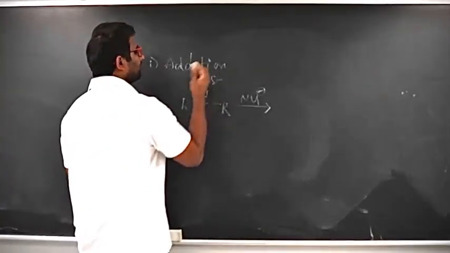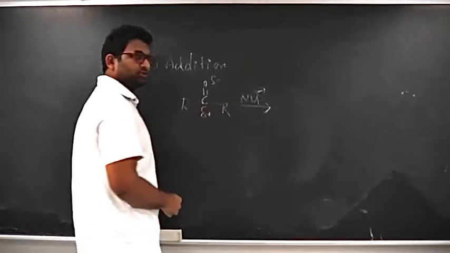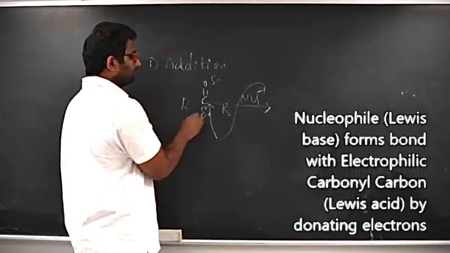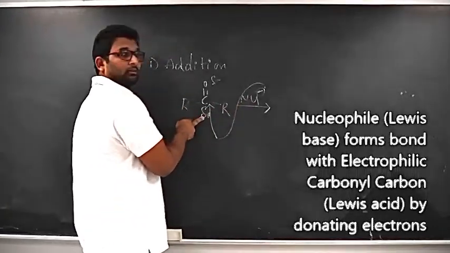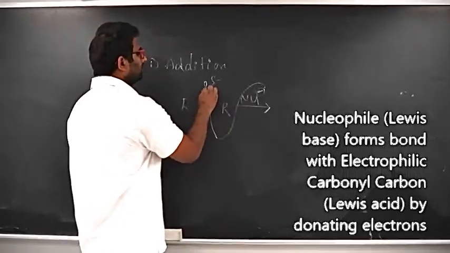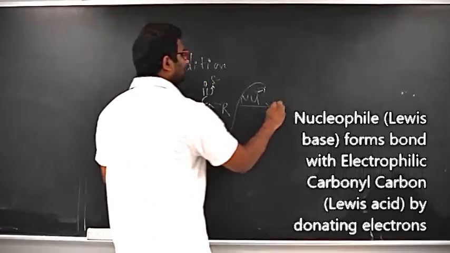Oxygen will have a partial negative charge and carbon will have a partial positive charge. As we said, a nucleophile tries to make a bond with a positively charged species, so it attacks the carbon, and that makes the oxygen negative.